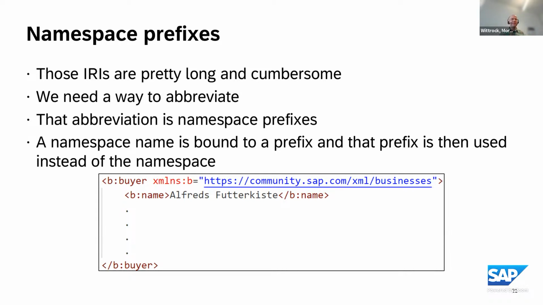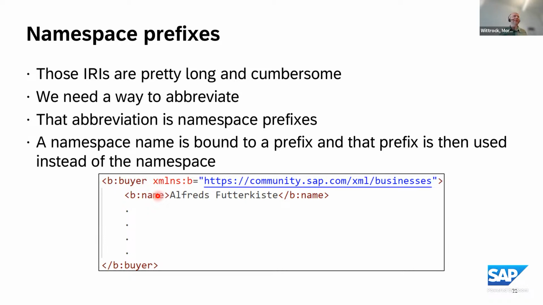So you bind a namespace name to a prefix using this syntax here, a special kind of attribute. And at this point, we can use the B prefix to point to this namespace. So now we've got the buyer and the name elements inside that namespace.